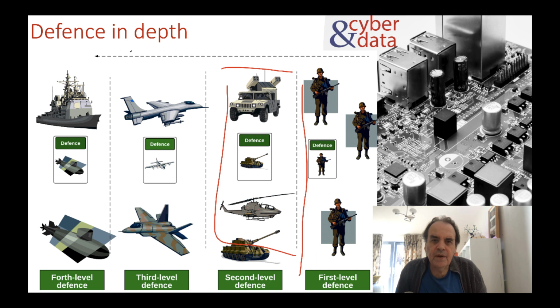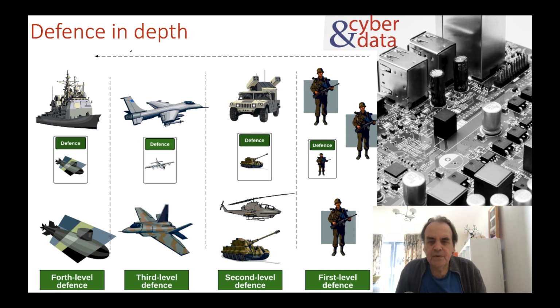So what we often do is to create what's called defence in depth. Our first level of defence is typically a fairly low level defence because everyone will face it, and we need to make sure there isn't a delay or poor performance created as we go through this defence.